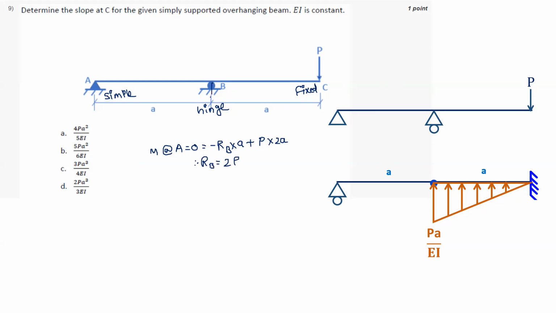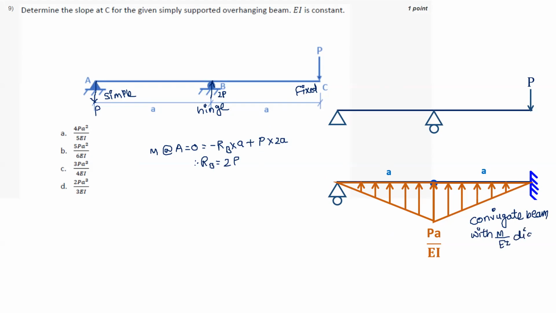Then automatically we get this value as P again, from summation Fy equal to 0: P downward, P downward. Now again the bending moment at B we get as P into A. Then we get the BMD, that is the conjugate beam with M by EI diagram.